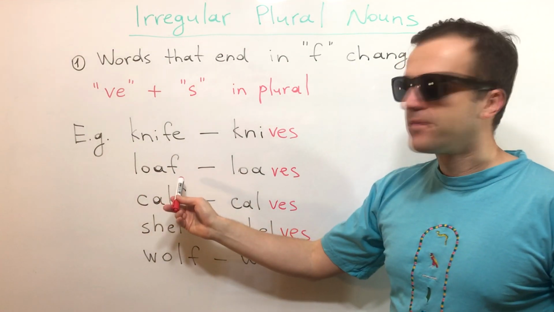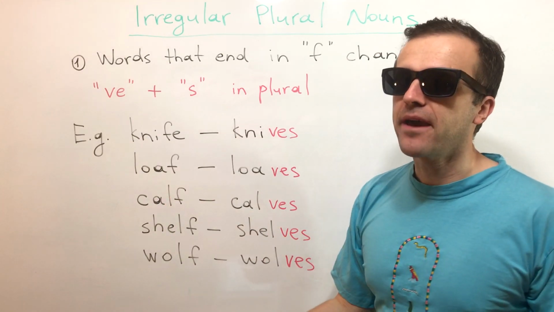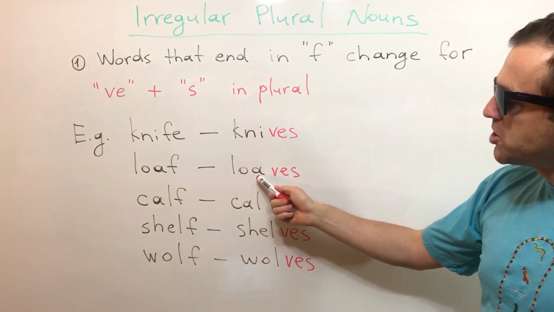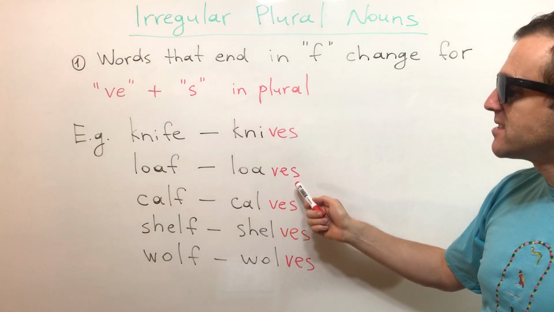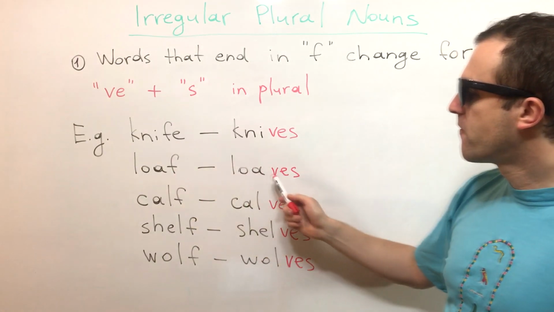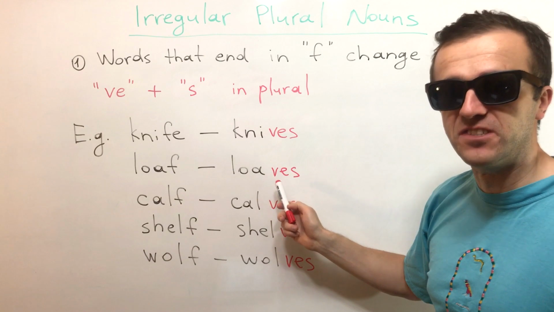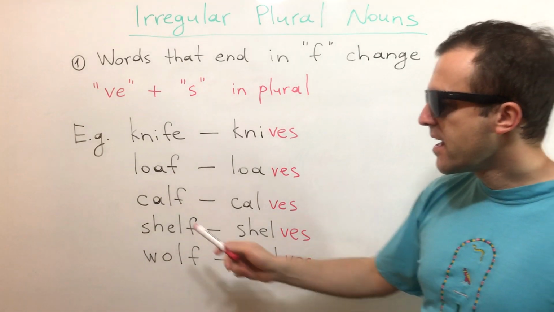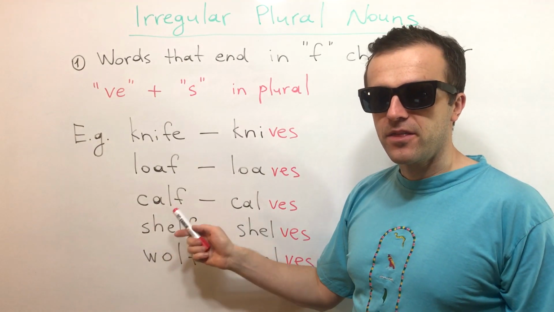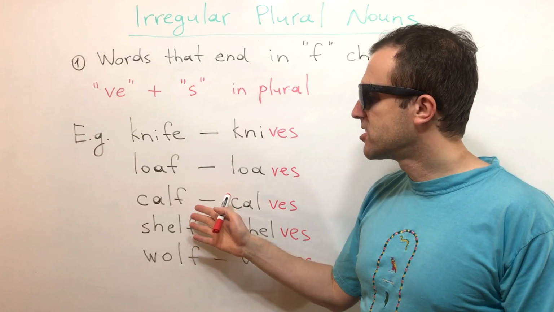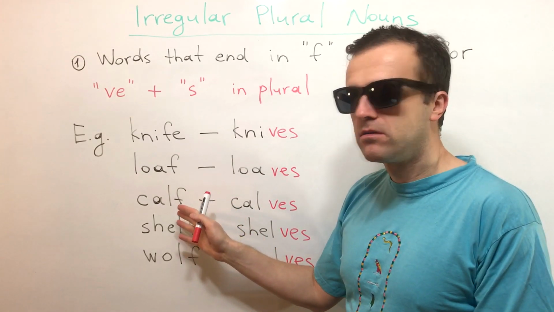A loaf of bread, yeah. We change for ves as well. F for ves, loaves. A calf, this is like the child of a cow, a calf.